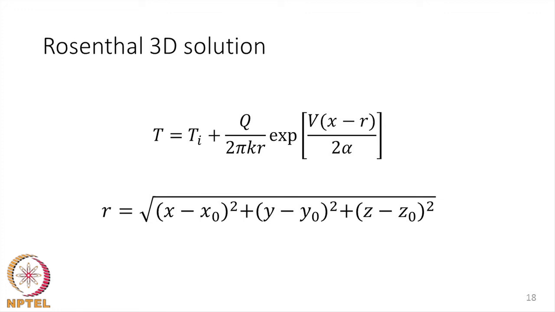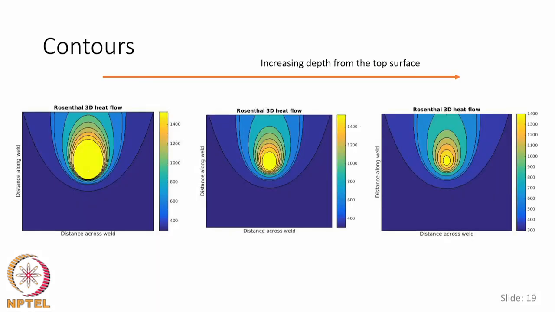You can then also plot the temperature profile at various depths, and what we are seeing here is a set of 3 plots. The first plot is taken at the very top of the weldment, which means that the amount of material that is molten, as is evident from the very first contour in the yellow color, is at the largest amount.